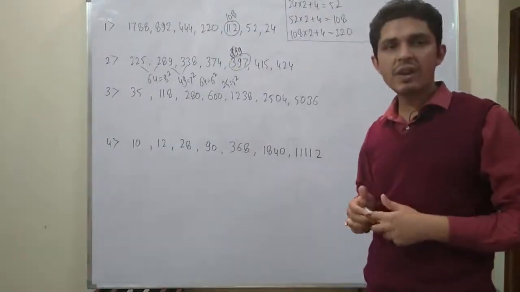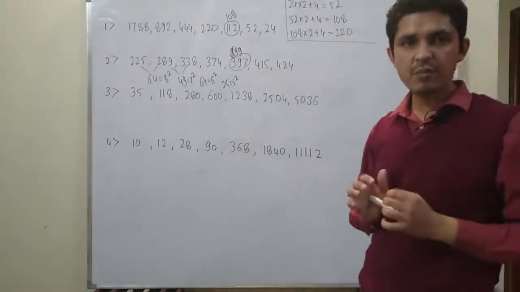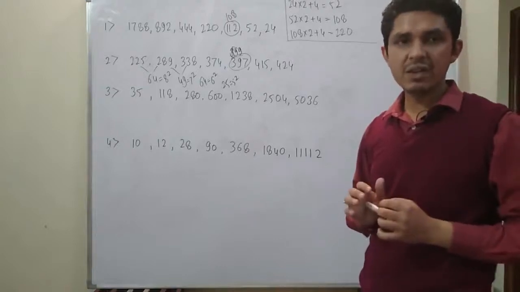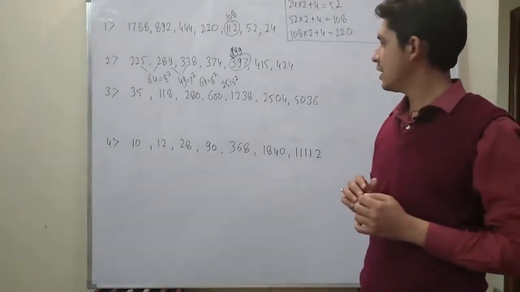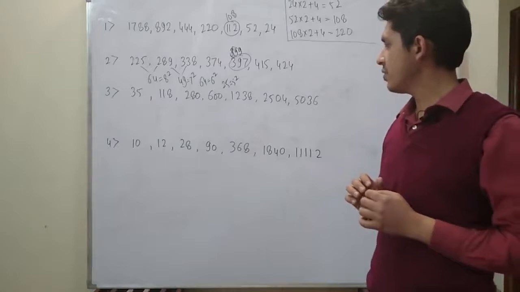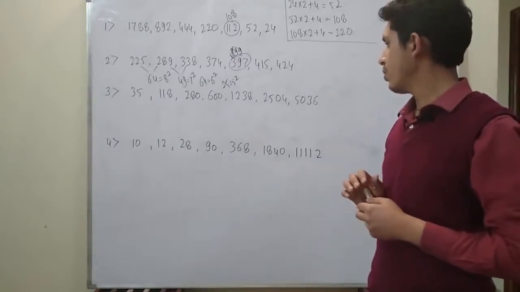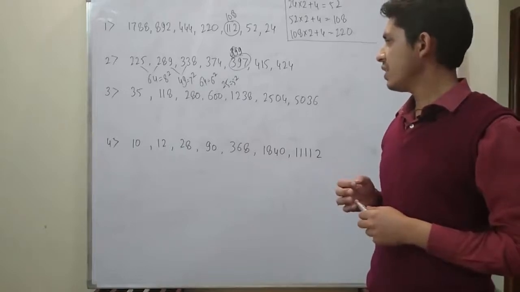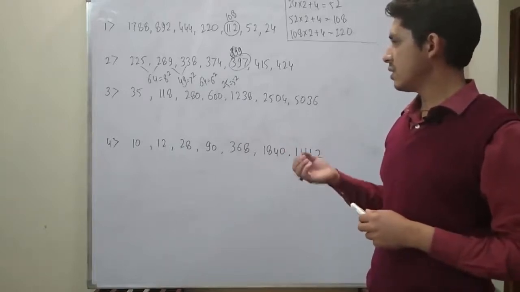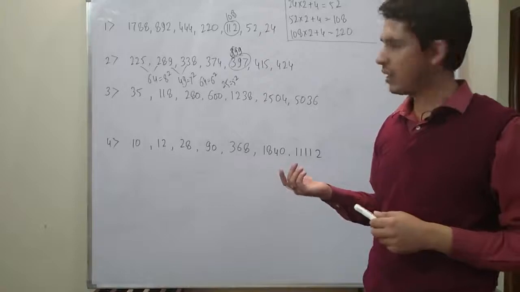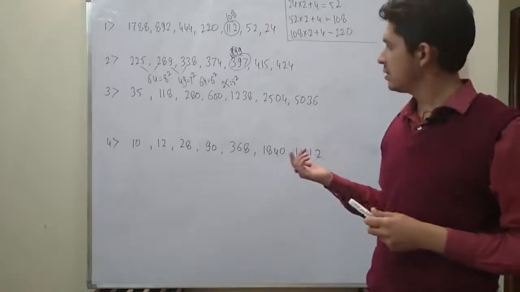Okay, question number three. Here we have a new kind of pattern that is most important in terms of examination. The series is 35, 118, 280, 600, 1240. One thing we can check is whether the numbers are in multiples.